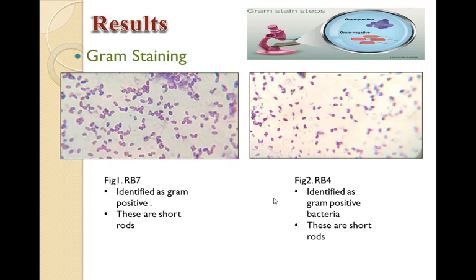As my objective was to identify the organism, I used the gram staining. I was given the strains RB7 and RB4. I identified them as gram positive, and these are the short rods you can see in the picture. These are the short rods and are gram positive.